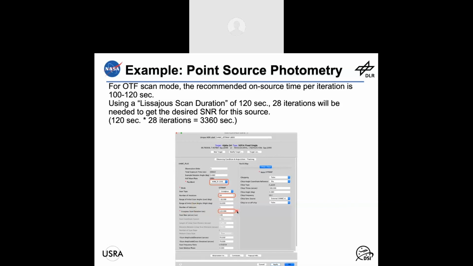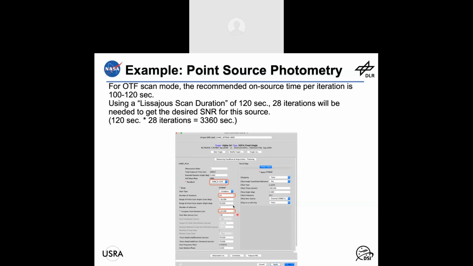To get the total integration time, we increase the number of iterations until we reach the total desired integration time. So in this case, I would add 28 total iterations of the scans, click apply, and we calculate that the total exposure time is now what we desire, 3,360 seconds, to get our desired signal-to-noise ratio of 5.